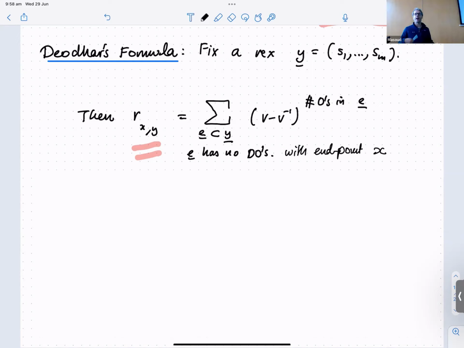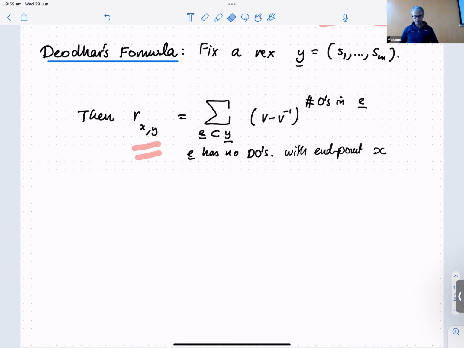Okay. And the R polynomial is just a simple sum of (v minus v inverse) to the number of zeros in e, i.e. the number of times you haven't followed the instruction to go up. So in the exercises today, we'll see that in the language of galleries, this is the statement that a gallery should be positively folded.